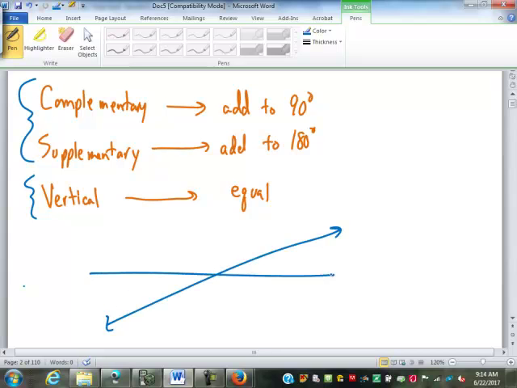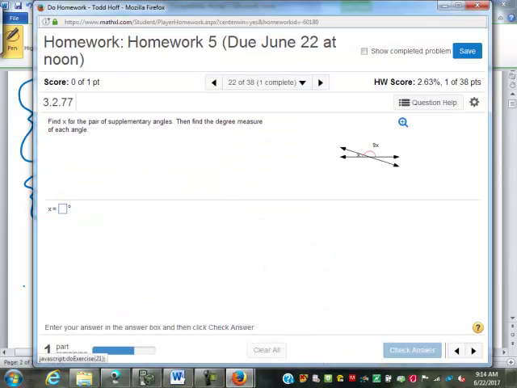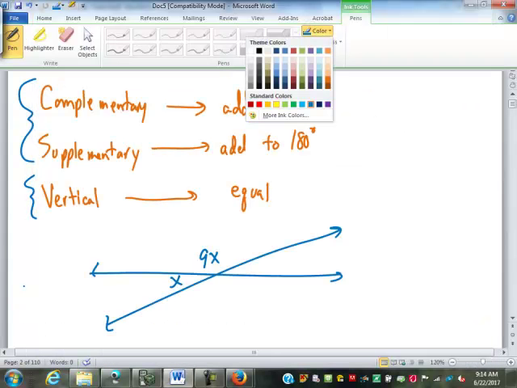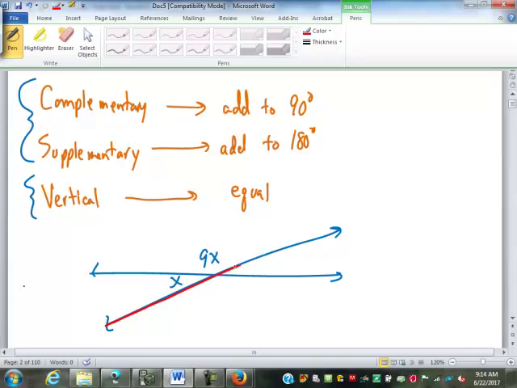So we have one like this question here, where we have these intersecting lines. This is labeled x and 9x. And what we're asked to find is the value of x. Well, here, because this is a line, these 2 angles have to add up to a straight line, which is 180 degrees. So that means they're supplementary.